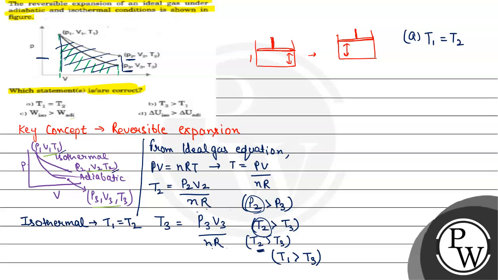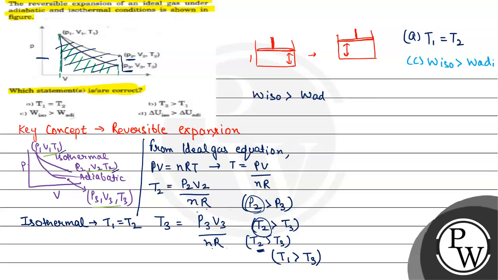So we can say the work done in isothermal is greater than the work done in adiabatic. So option C is also correct.